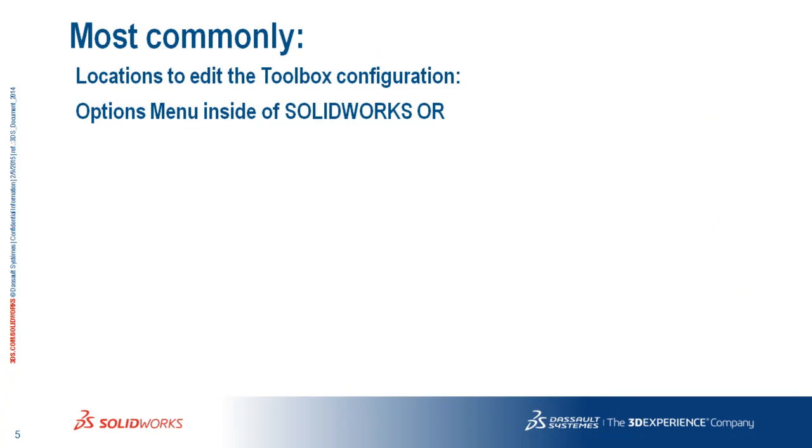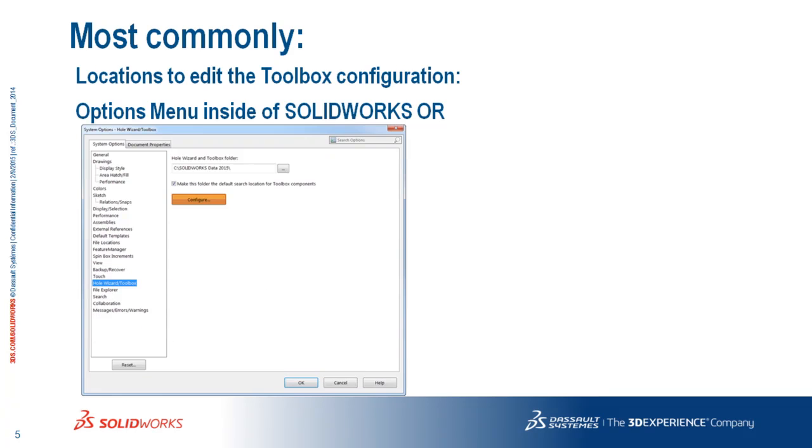Most commonly, we would see it inside of SOLIDWORKS on the options menu. You probably can't read that, but it's Tools, Options, or the Options button, whichever you want. Hole Wizard / Toolbox, and there's a little button here highlighted on my screen in orange, Configure. That button will not be highlighted on your machine, just on the presentation here.